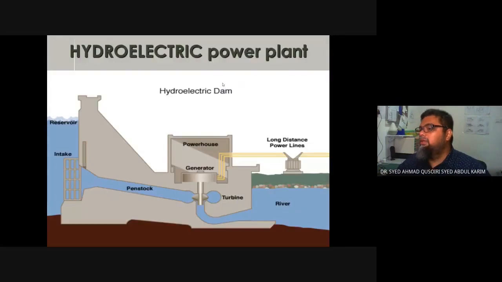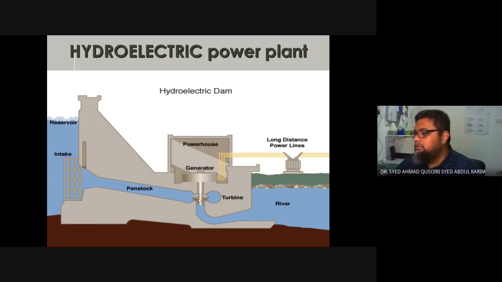So this is another cross section of that hydroelectric power plant. Obviously, hydroelectric power plant ni there's a lot of designs lah, yeah. But the basic concept is still the same. Okay? Of course, you have these intake filters to filter out all the debris from getting into the power plant.